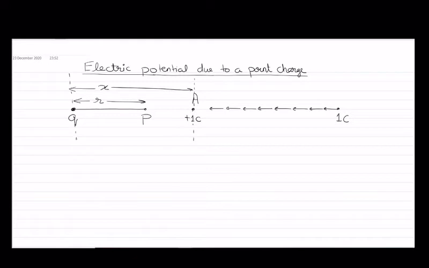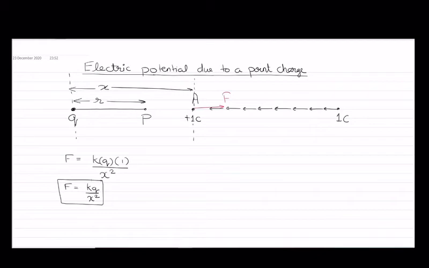Now when this 1 coulomb charge comes to point A, this charge Q, which we assume to be positive, exerts a repulsive force F, which can be written as K Q times 1 upon x square, which means F will be equal to K Q upon x square.